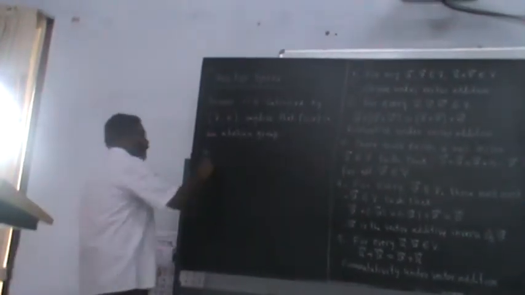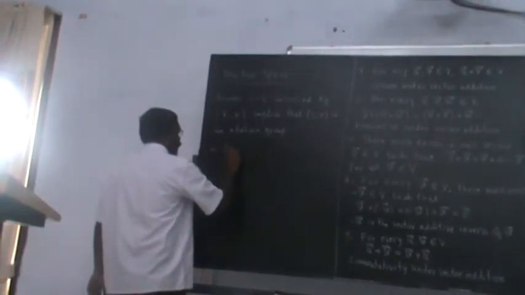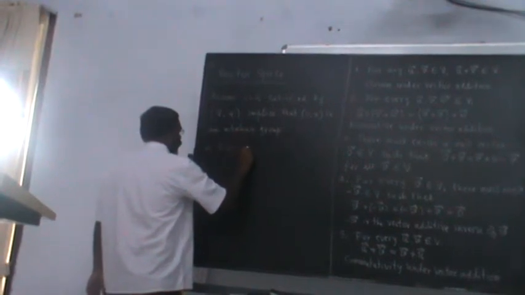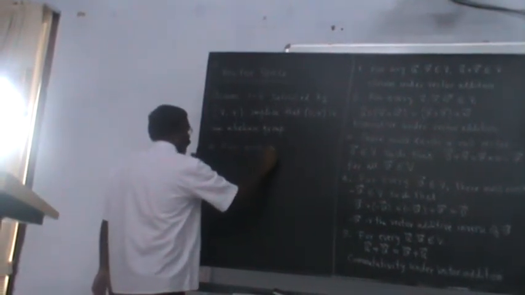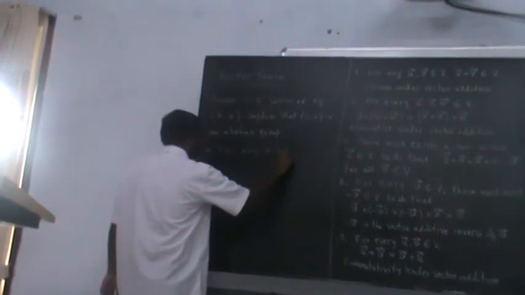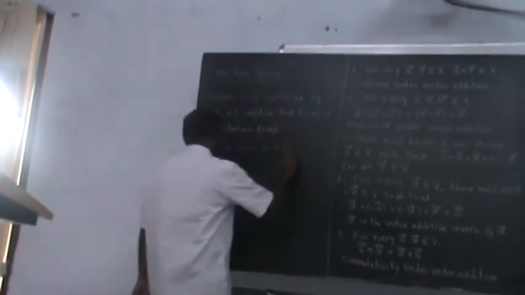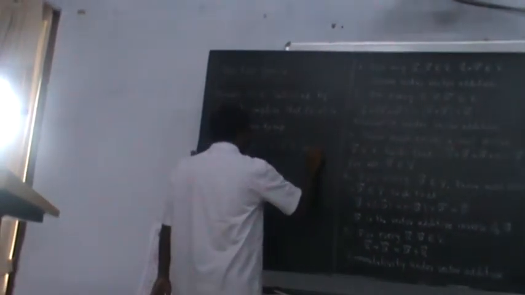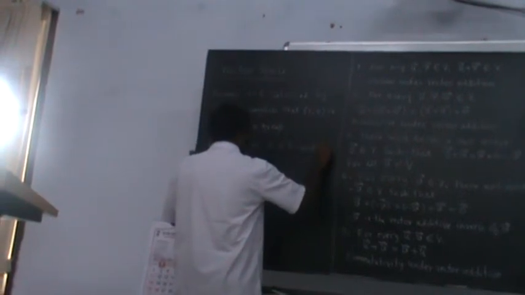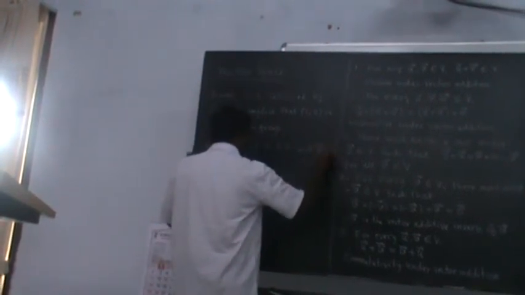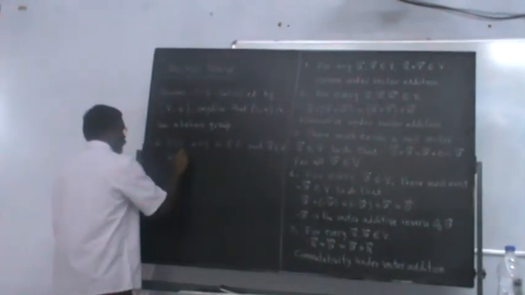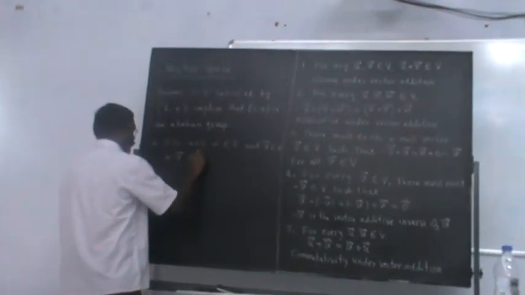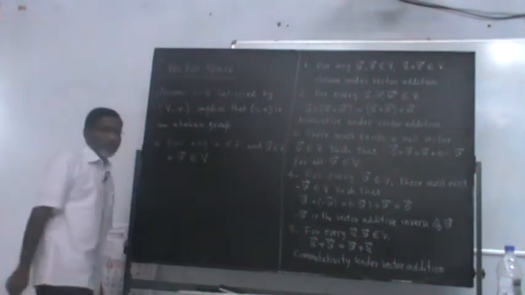We have already completed vector addition. Now let's go to scalar multiplication. For any alpha in the set of scalars and v in the set of vectors, alpha dot v should be in the set of vectors.